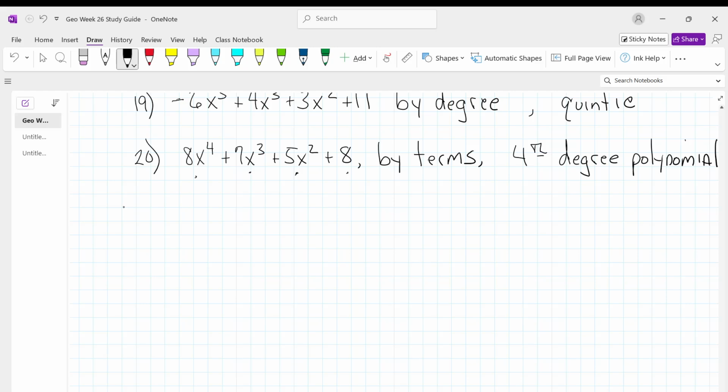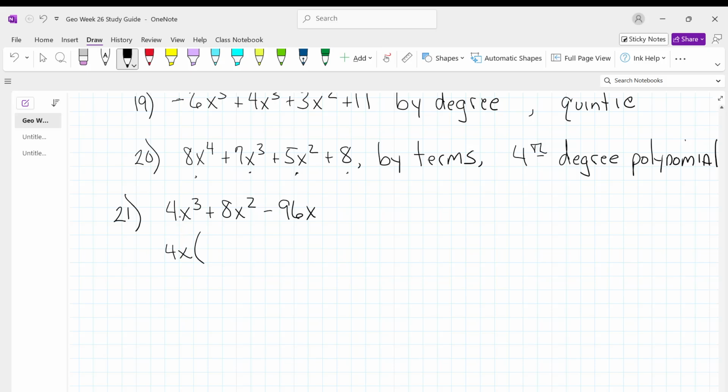Problem 21, write the polynomial in factored form. We got 4x to the third plus 8x squared minus 96x. So every term has a 4x in it. So we can take out a 4x, and then we're going to divide that 4x back into each term.